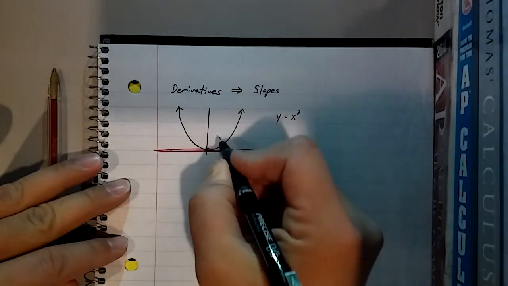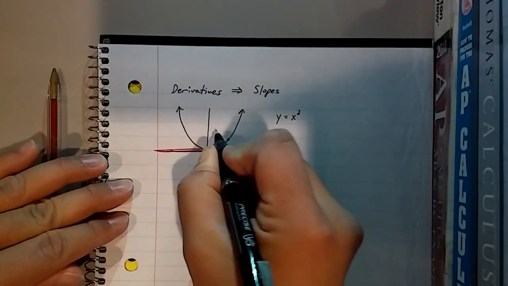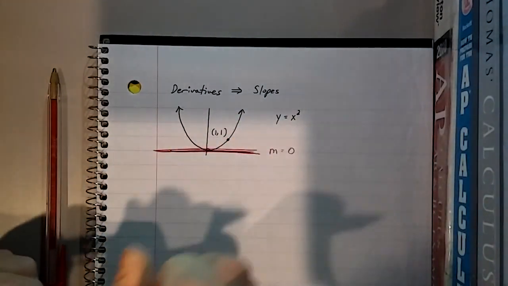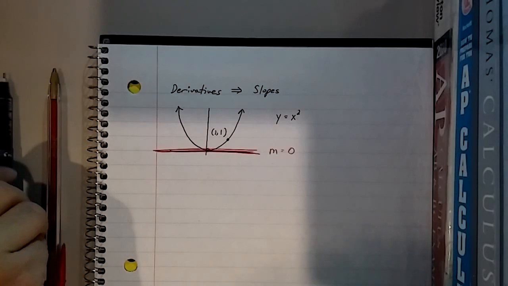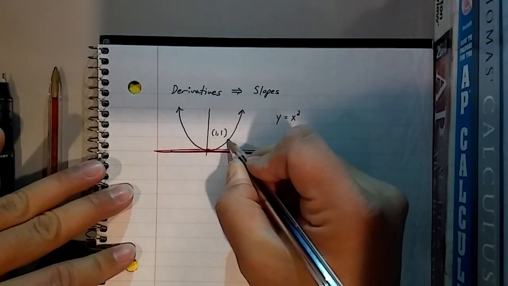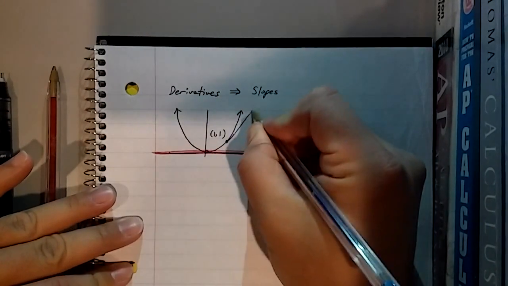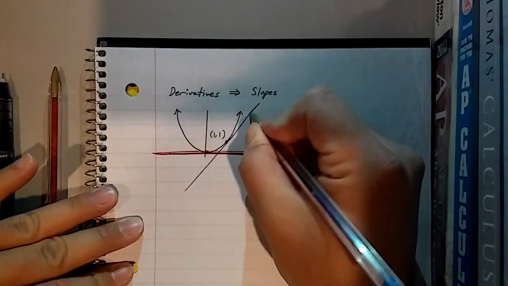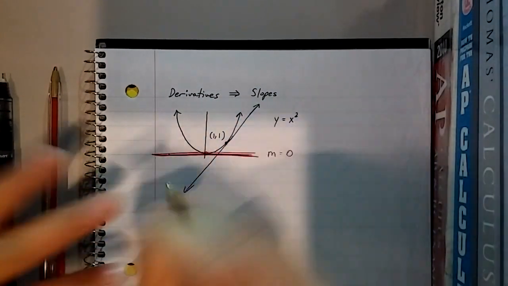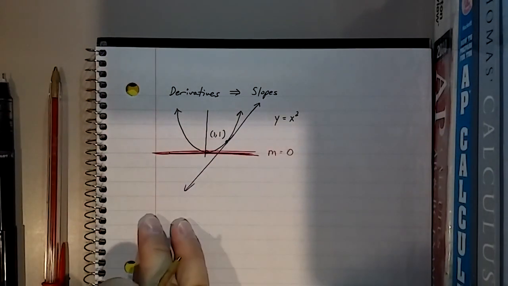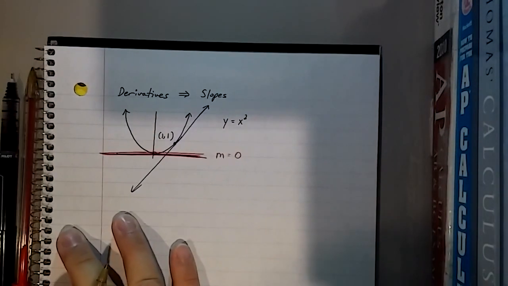But if I ask you, well, at this point, 1 comma 1, what is our slope then? So the slope looks like, oh, this is a bad drawing, but slope is going to look something like this. And you have to tell me what the slope of that line is going to be.